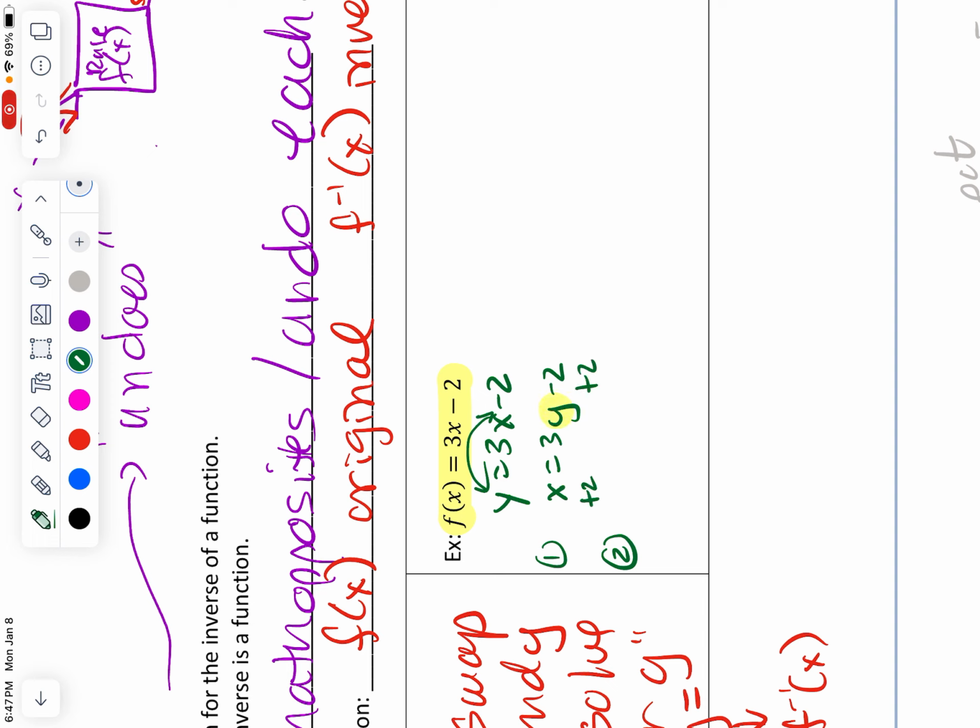I'm going to move the 2 over. I'll have x plus 2 equals 3 times y. Dividing out the 3, I'm done. And so, like I was saying, the third thing would just be to write it in this inverse notation and say, hey, y, or f inverse, is x plus 2 over 3.